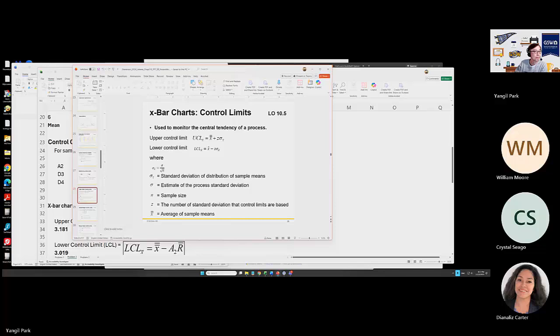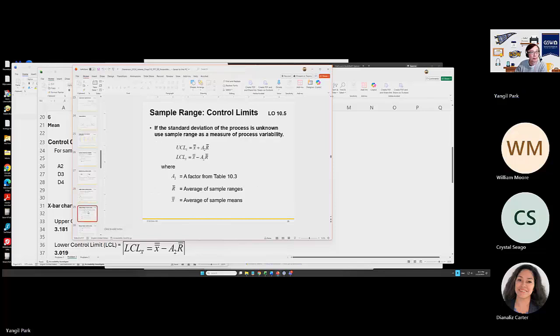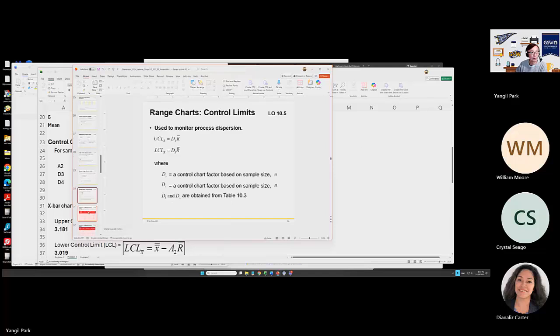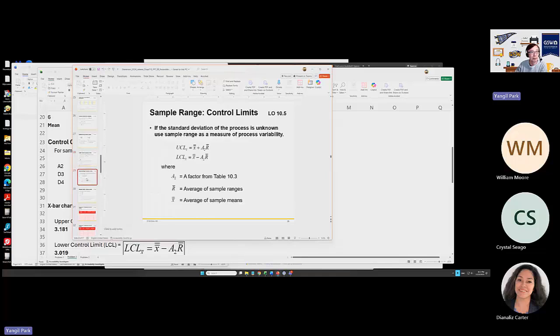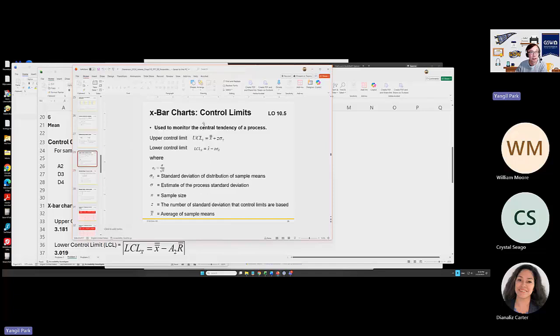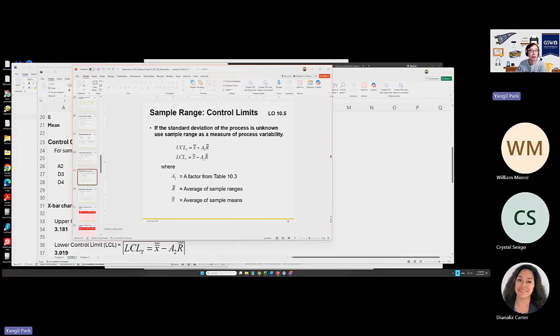Okay, and then... there you go. So this is finding the upper limit, lower limit, and at the same time, we need to find the range. So that was just finding the averages, but this is for the range.